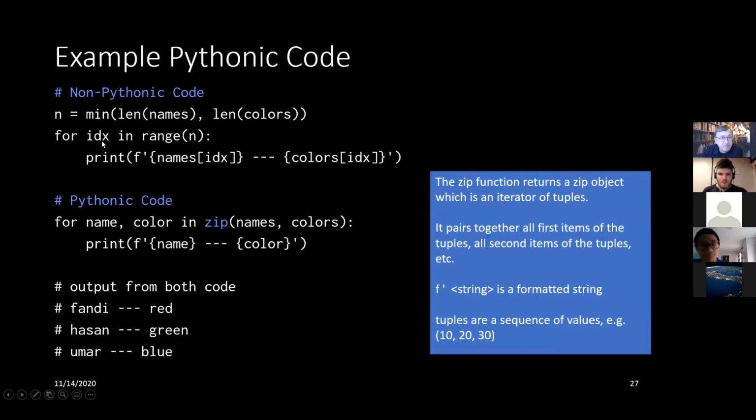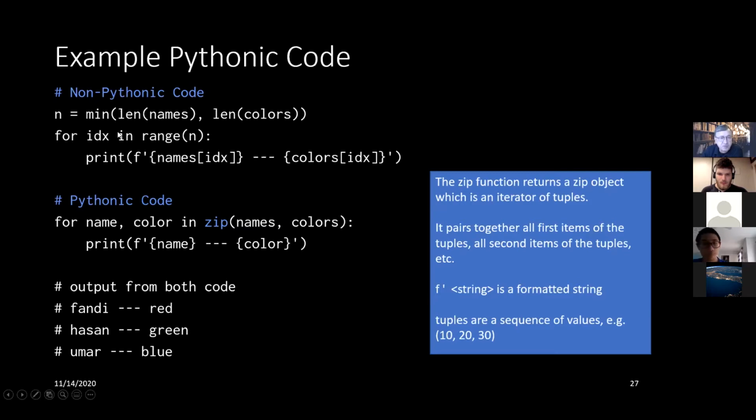In Python, for the for loop, we can say for this variable in this range. This is two lists. Names is a list and colors is a list. Those two lists don't necessarily have to be the same length. So what this is saying is take the minimum of the length of the names list and the length of the colors list. And whatever that minimum length is, call it n.